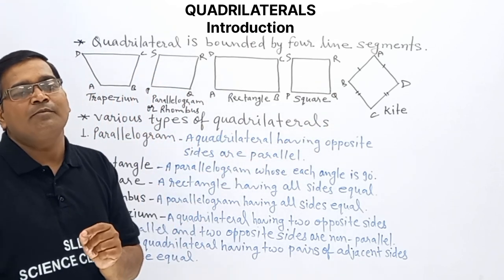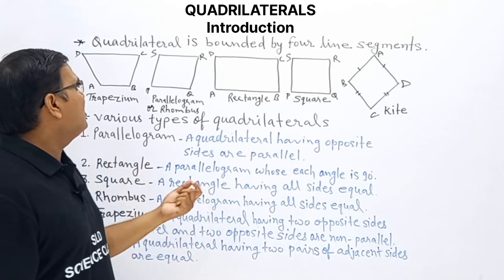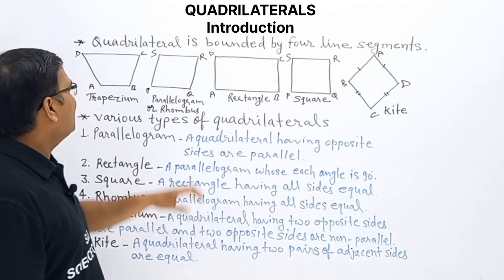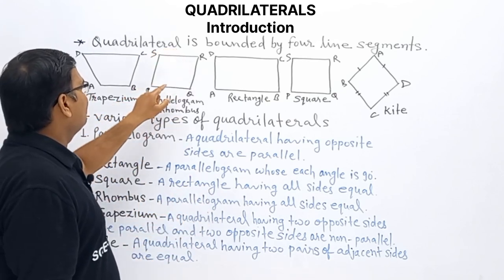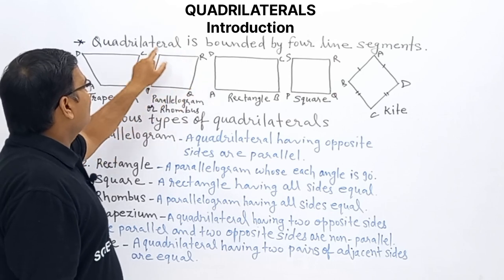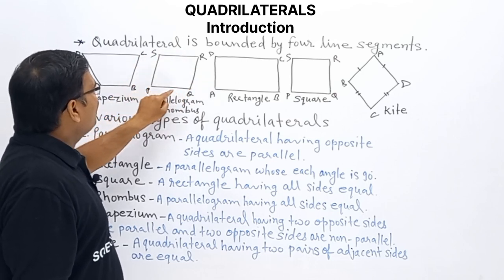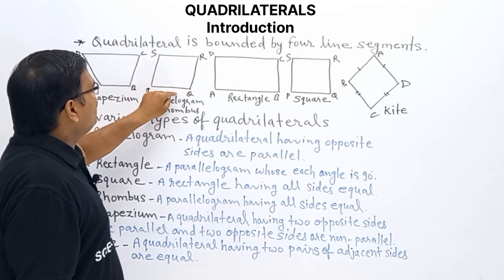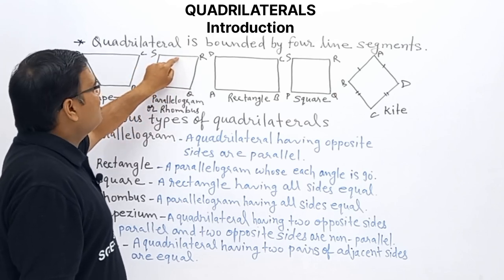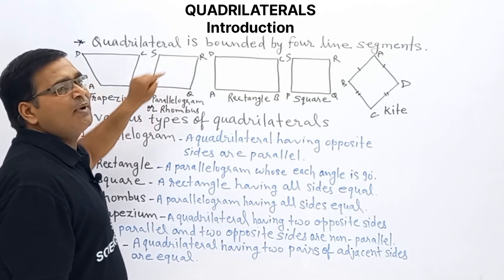A parallelogram is a quadrilateral having opposite sides parallel, like this one. This is the parallelogram in which opposite sides, meaning PQ, its opposite side is RS. So these two sides are parallel.